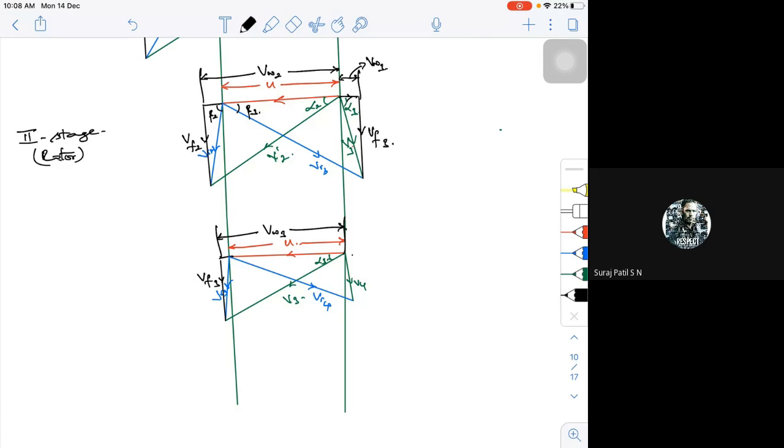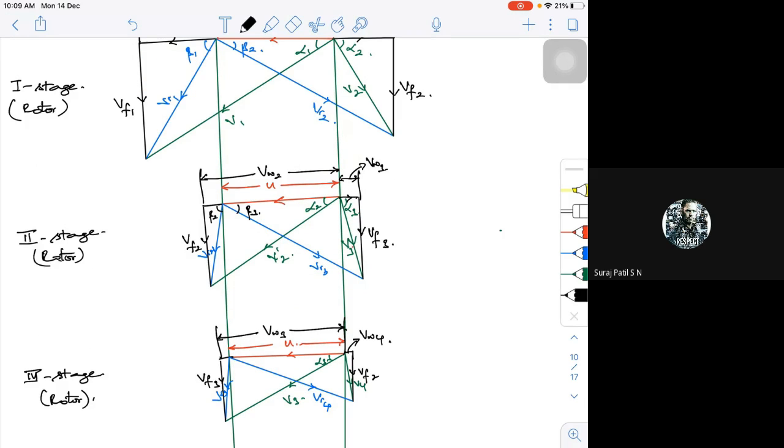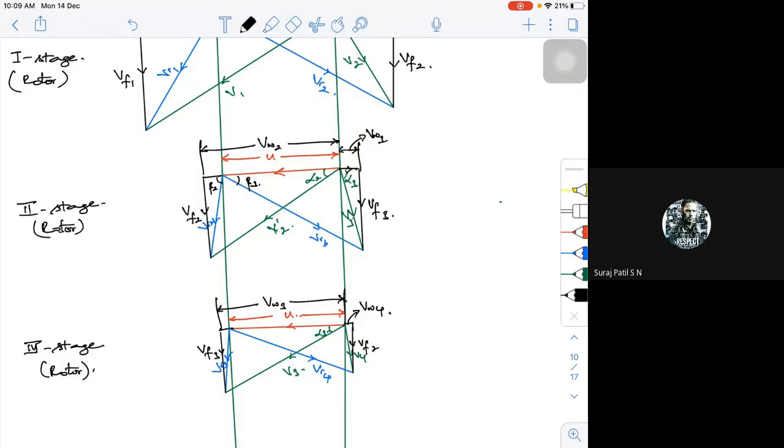I can close it with the VF4, and this will be my VW4. This is for the third stage rotor. So closely if you observe, from first stage to second stage to third stage, the velocity triangle is slightly becoming smaller and smaller.